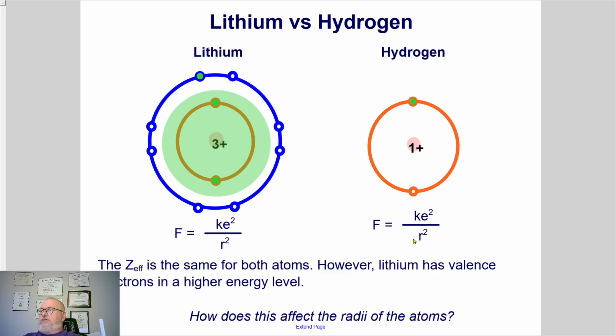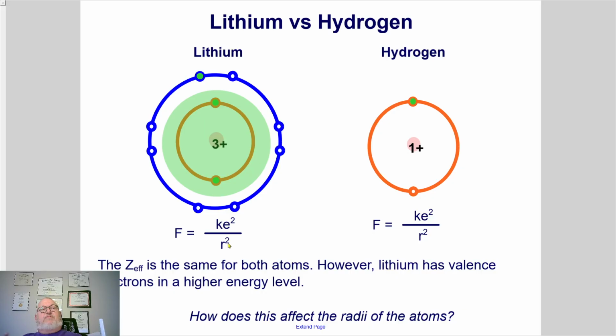The difference is in the denominator, right? Lithium has more distance between the valence electrons and the positive nucleus. So the force is what? Less. It's the denominator squared less, right?